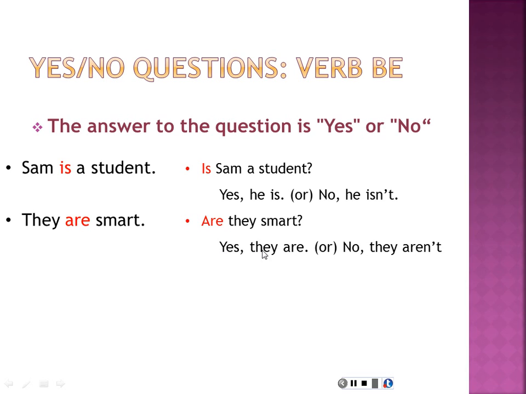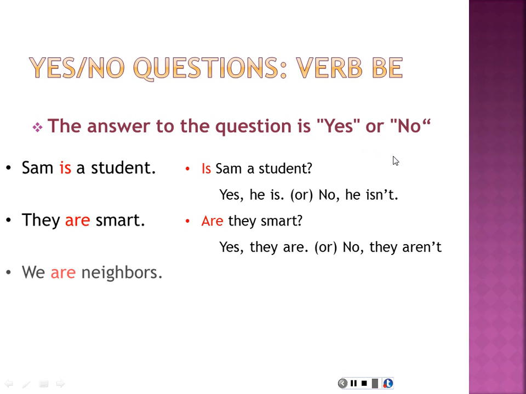Yes, they are, or أو no, they aren't. So again here we use a contraction, اختصار. Or we can say they're not. The other contraction, الشكل الآخر من الاختصار هو they're not. They're not, or they aren't, as we have here in the example.